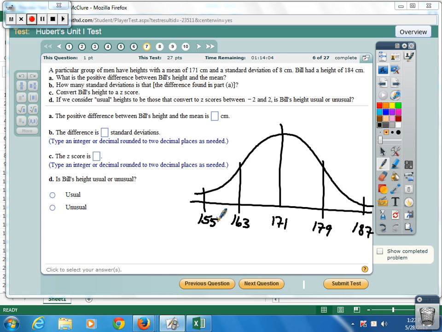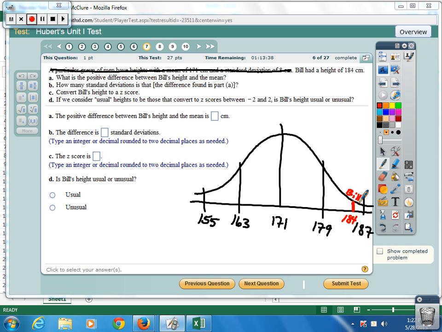Okay, so that takes care of all of that. Bill has a height of 184. We'll put Bill right about here.